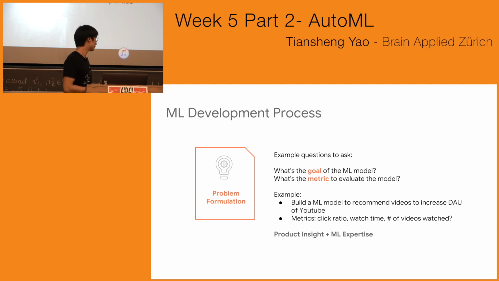For example, these three metrics here are flawed in some sense. Although you could build a really good ML model to predict these, they sometimes will fail to increase your daily active users on YouTube.